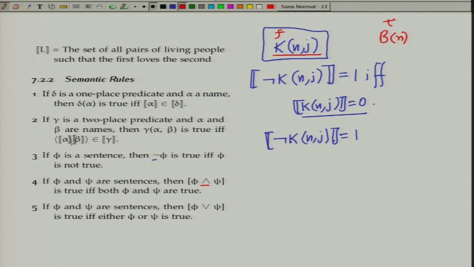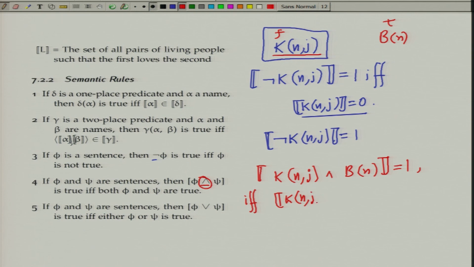Now, let us consider a sentence like, by combining these two through this, we can have K n j and B n. What will be the truth value of this? According to this rule, the truth value of this is 1 if and only if the truth value of this is 1 and the truth value of this is 1.